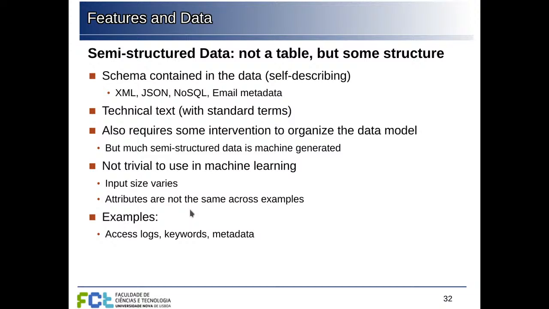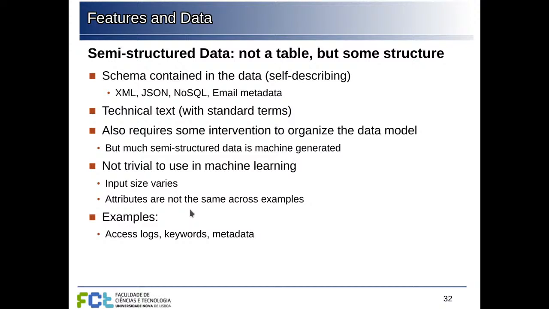For example, the logs of a server, it's not really a table. You cannot put everything in a table, but you have some structure there because they're usually generated by automated systems that conform to some specific syntax and semantics for the different symbols.